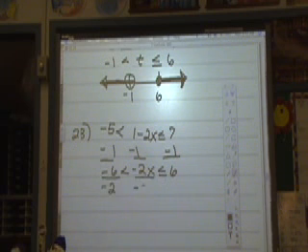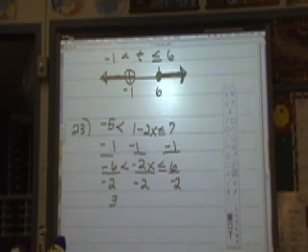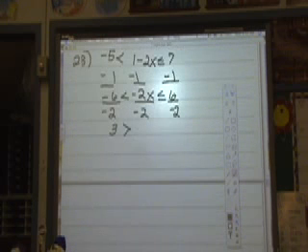And then divide by -2. And you have 3 is less than, no, turn it. x. Turn. Oh, it's greater than x, and is greater than or equal to -3.